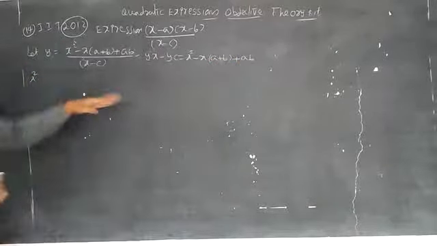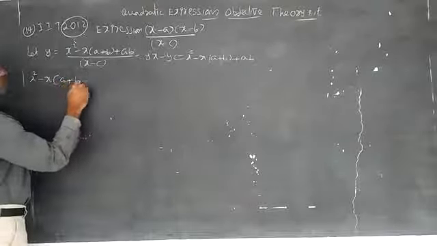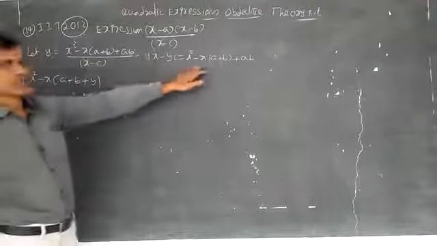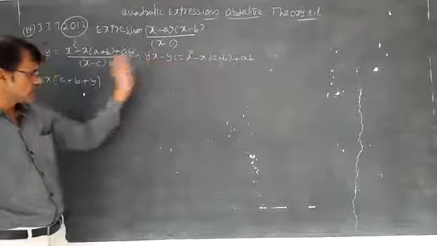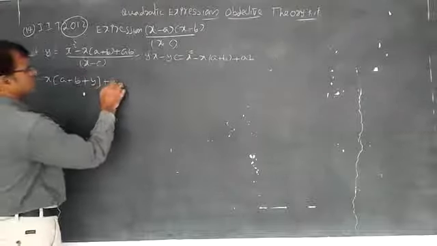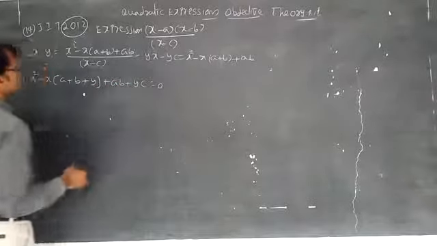Next step, taking this to that side: x square minus x into (a plus b) minus xy, because this becomes x square minus x minus xy. Take minus x common, it becomes (a plus b plus y). Next, ab plus yc is equal to 0.